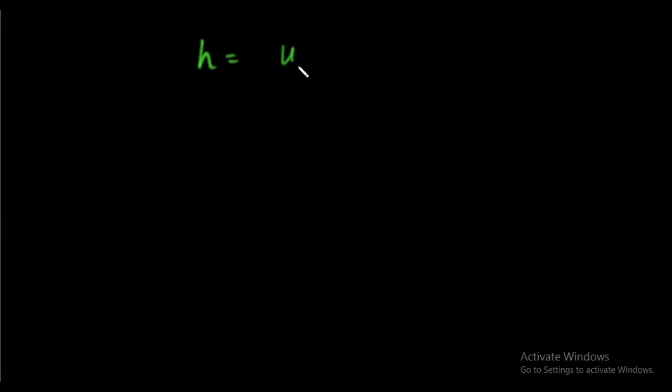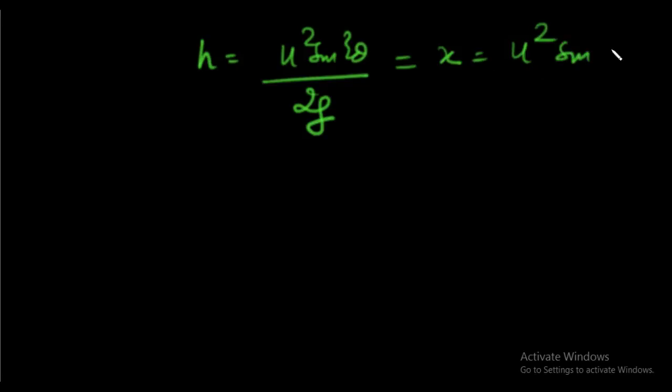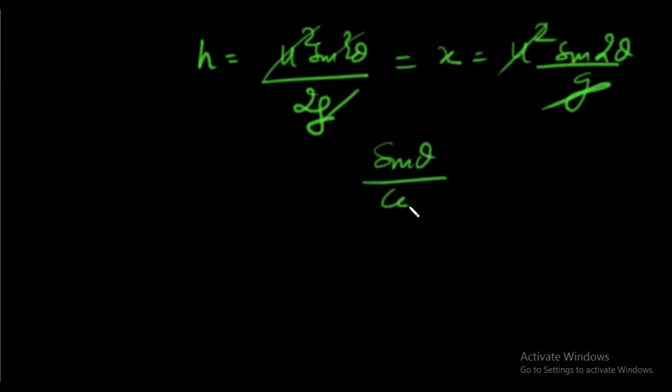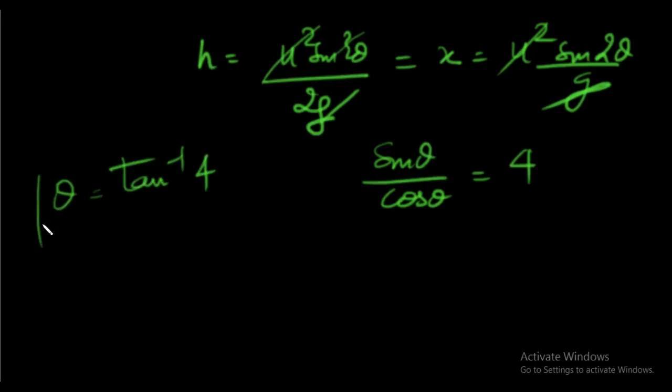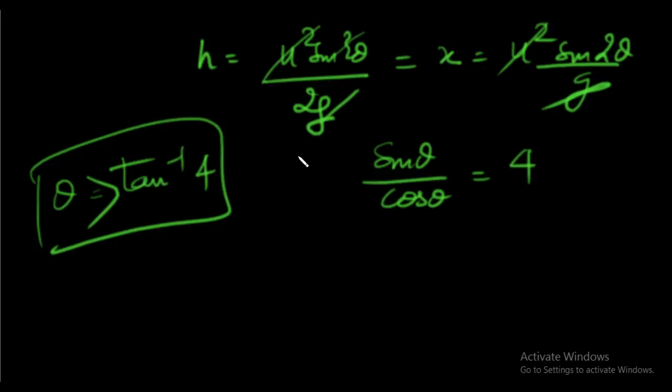The height achieved was u square sine square theta by 2g, and the range x was equal to u square sine 2 theta by g. This cancels out, this cancels out. 2 sine theta cos theta, 1 sine theta gets over here. So sine theta by cos theta would be equal to 4, so theta is tan inverse 4. This is the angle when the range and the maximum height achieved are equal.